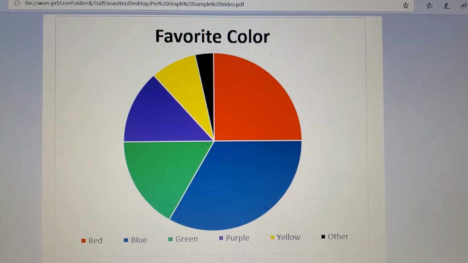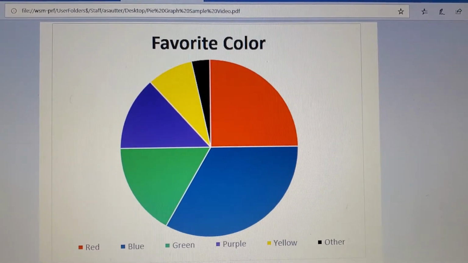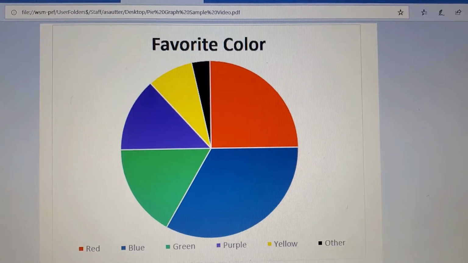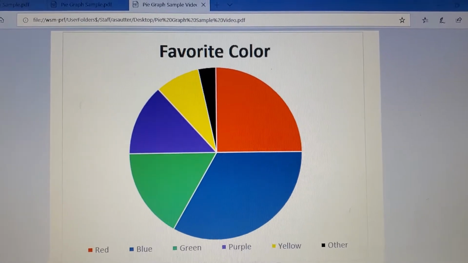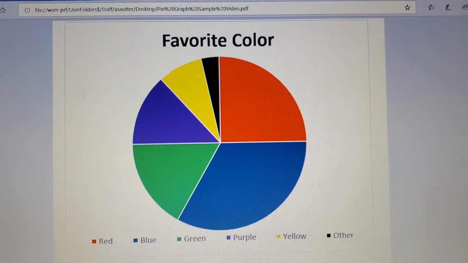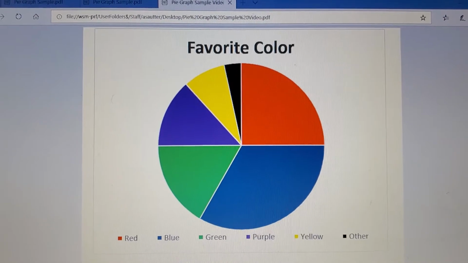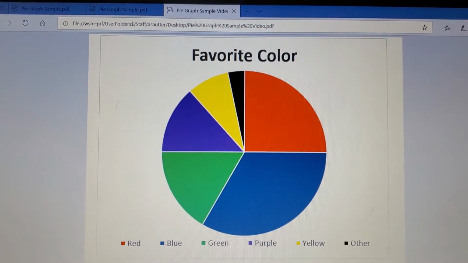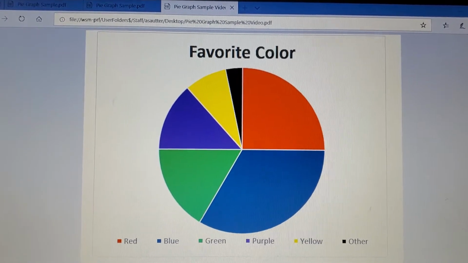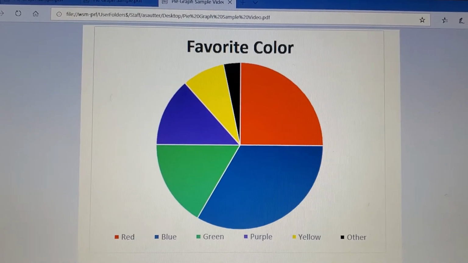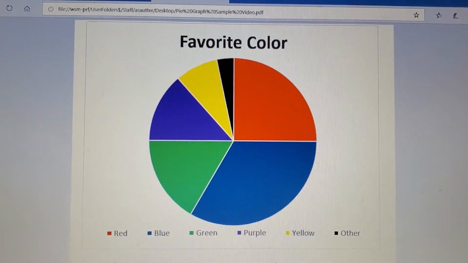Our labels across the bottom, you've got the color red indicating red, the color blue indicating blue, etc., etc. So, how do we get these colors, or why are these colors in these pie piece shapes? Well, very simply. Each pie piece represents a different number of votes for that item.